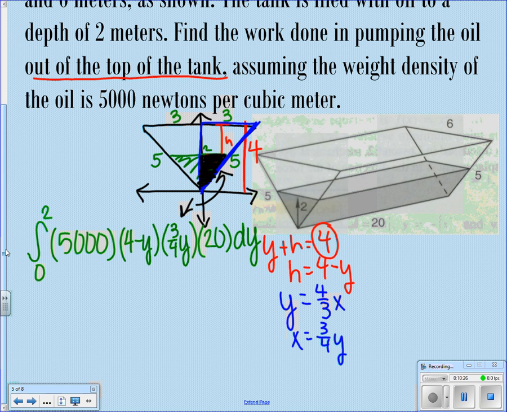We did not look at this side here. So what we need to do is to put a 2 in front of our integral to make it so that it does both sides. Okay? Sorry, I forgot about that little 2 there. So now we pull out the 5,000, the 3/4, and the 20, and we're going to multiply it by the 2 that's already out there.